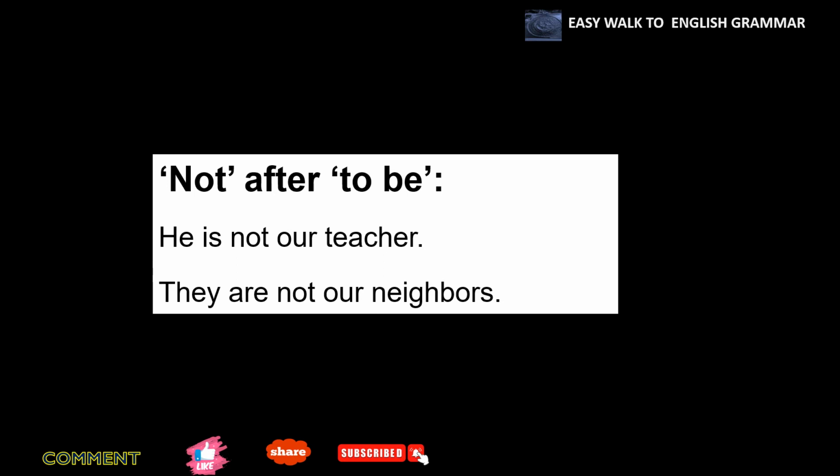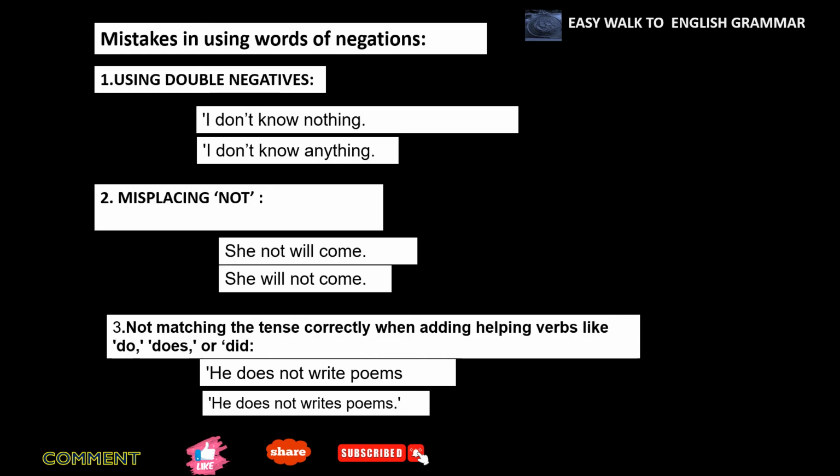Let us talk about some common mistakes people make when transforming positive sentences into negative ones. It's important to know these so you can avoid them in your conversations and writing. The first mistake is using double negatives.